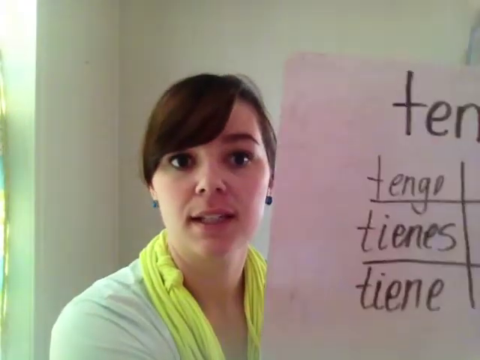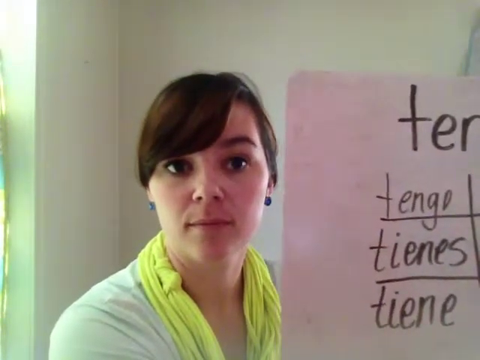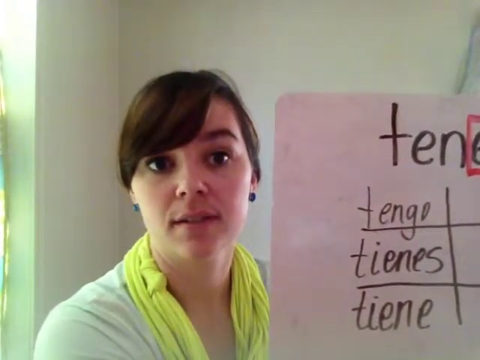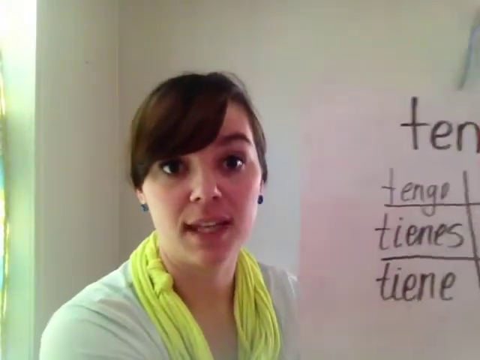If you're speaking with a boss or an elderly person, someone you want to show respect to, you use the usted form, and that is tiene. So we have tengo, tienes, tiene. I have, you have, you have. And then tiene can also mean he has or she has.